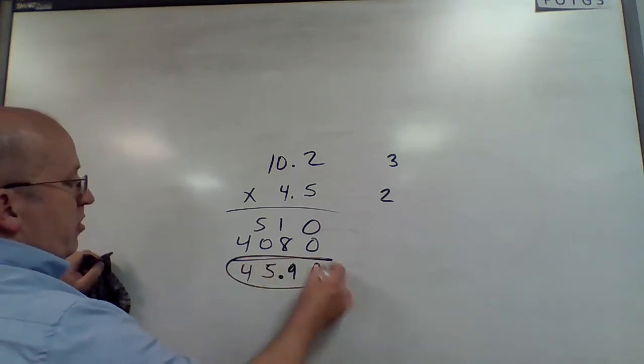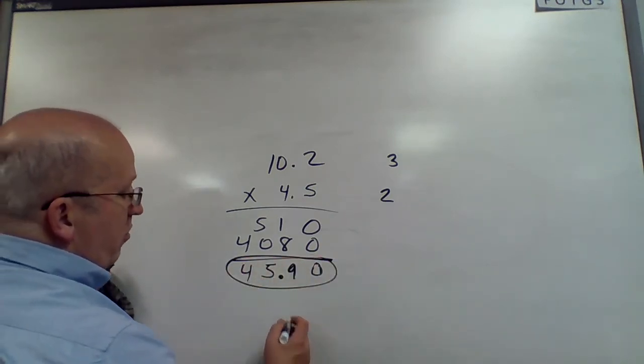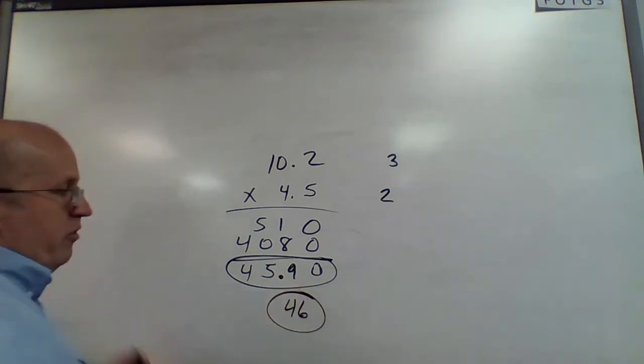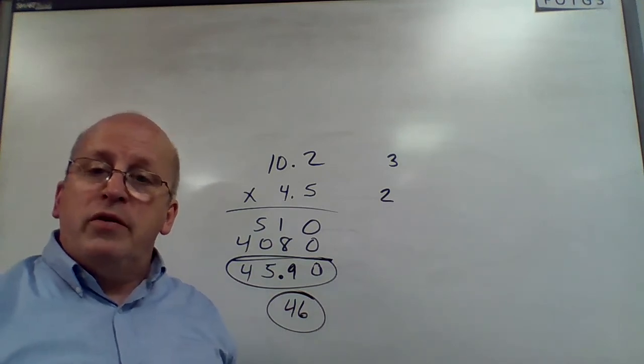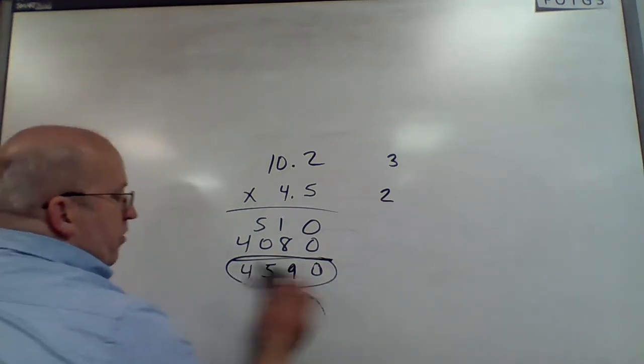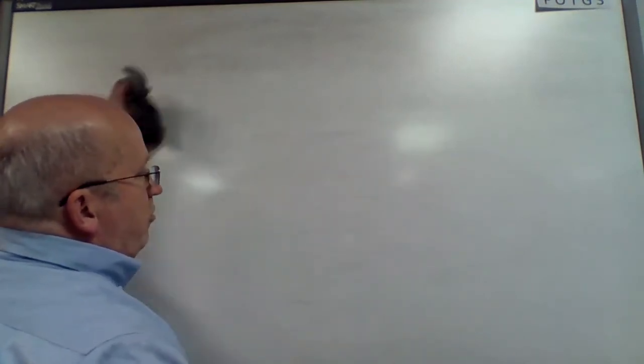What number is closest to this that has only 2 significant digits? That would be the number 46. So that's my answer, 46. Notice how this is a little bit different. We're thinking about significant digits.